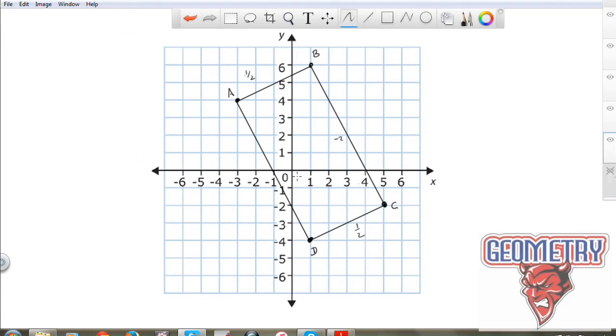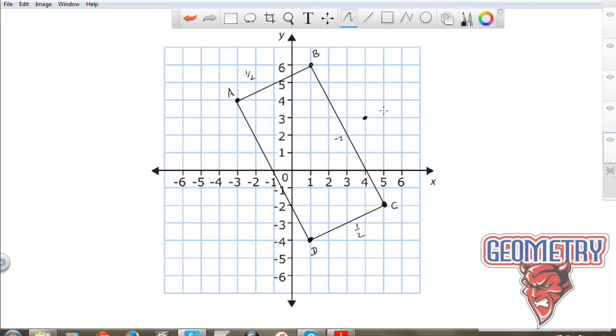Every single point is rotating clockwise 90 degrees, so it's going to move 1 quadrant over. If our original point A is -3, 4, and we rotate it 90 degrees, it's going to end up in quadrant 1 over here. So -3, 4 becomes 4, 3.